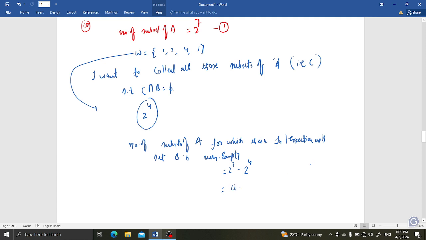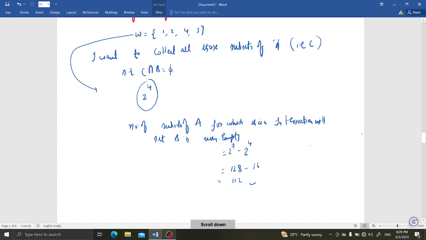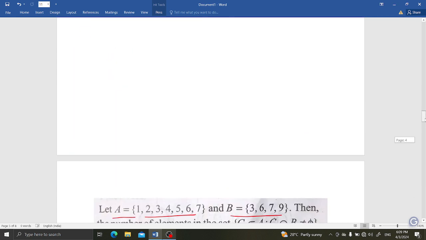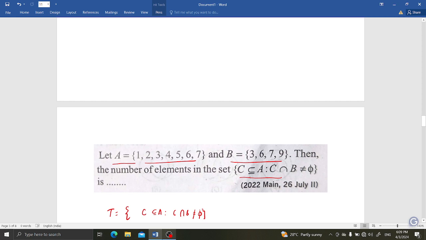And 2 raised to the power 4 is 16. What do we get? 112. Okay, so this is our answer, 112.